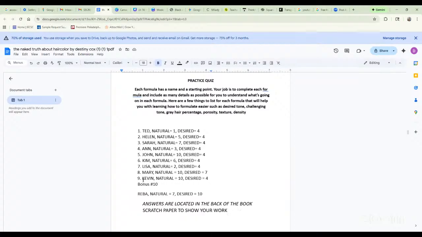Helen has a natural 5, desired 4. And Pooja, number 3, Sarah. Sarah has a natural 7, desired 4. What are we going to do first?